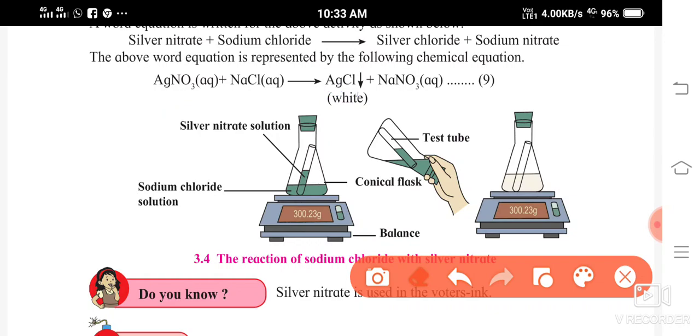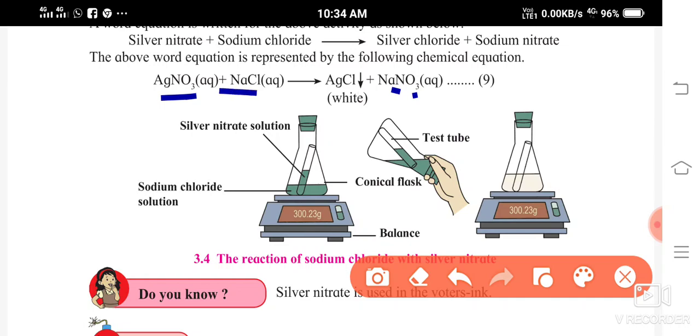How many atoms are there on the left hand side? 1 nitrogen and O3, 3 oxygen atoms. Here also 1 nitrogen and O3. So NO3, 1 this side and NO3, 1 this side.